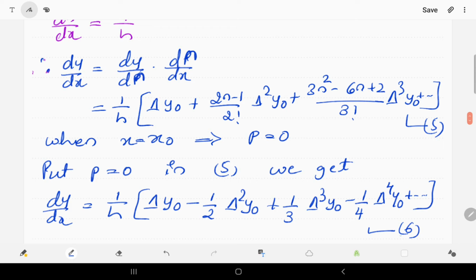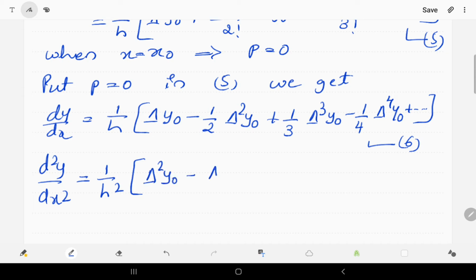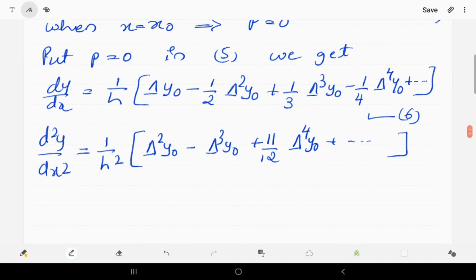This is called equation 6. Again differentiate 5 with respect to p and after simplification we get d square y by dx square is equal to 1 by h square into delta square y naught minus delta cube y naught plus 11 by 12 delta raised to 4 y naught and so on. This is Newton's Gregory forward interpolation formula for the derivatives.